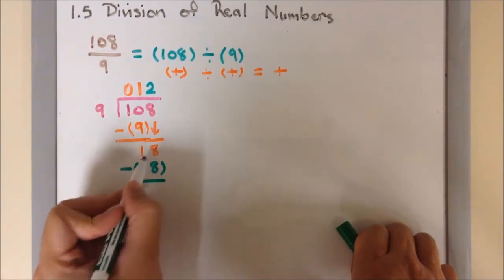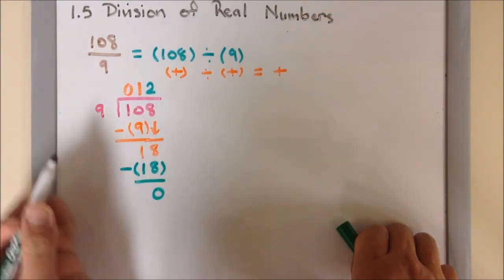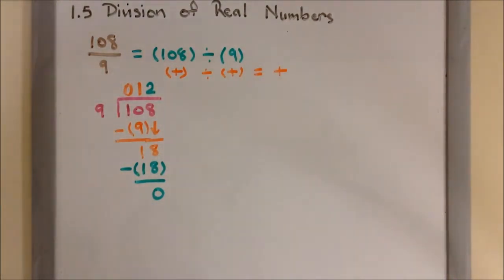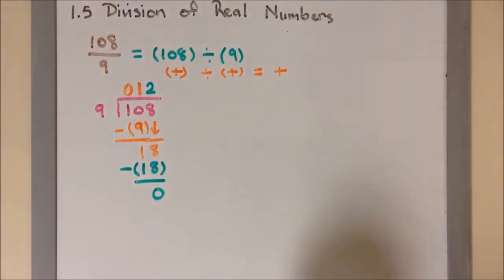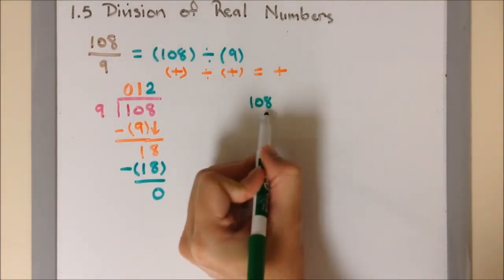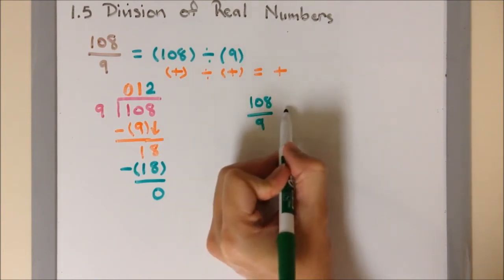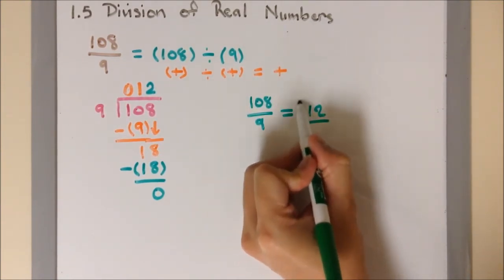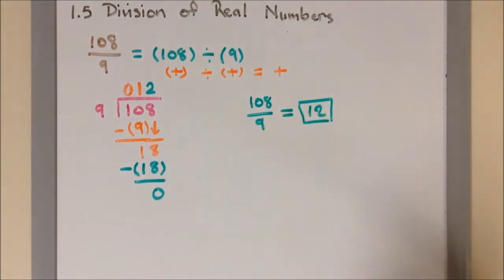Subtract. 18 minus 18 is 0, so therefore my remainder is 0 because there's no more numbers to bring down. So our final answer, 108 over 9, or divided by 9, equals a positive 12. So this is our final answer.